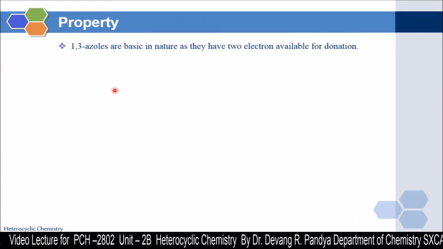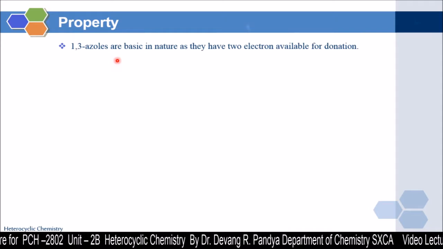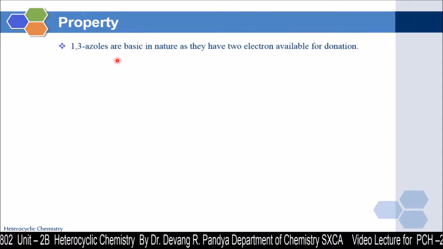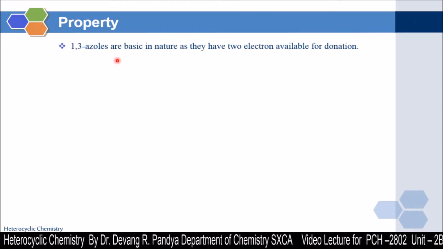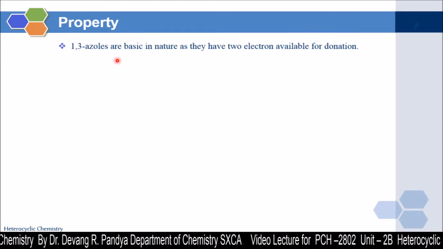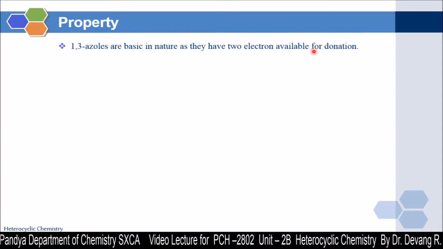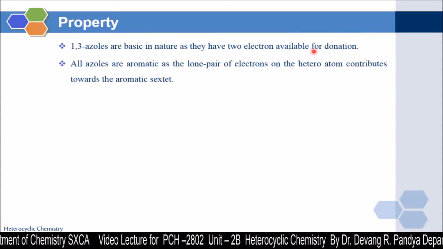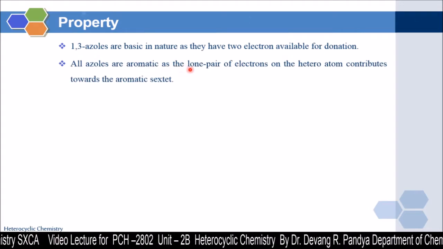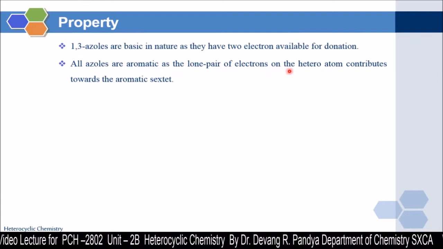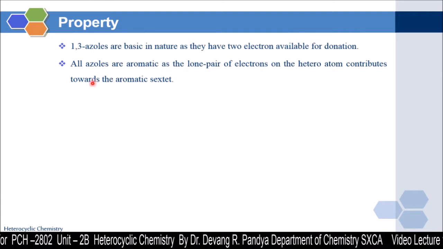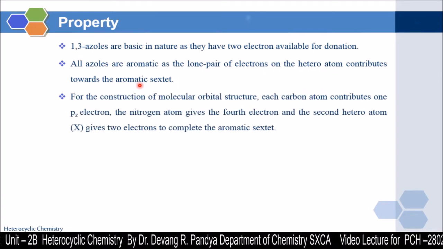Now properties. These are going to be the common properties for 1,3 azoles, that means 2 heteroatoms at the 1,3 position. 1,3 azoles are basic in nature as they have 2 electrons available for donation. All azoles are aromatic as the lone pair of electrons on the heteroatom contributes towards the aromatic sextet.